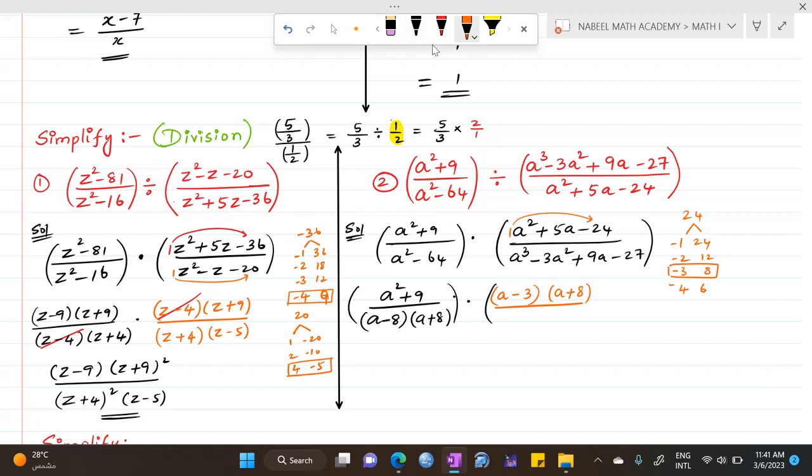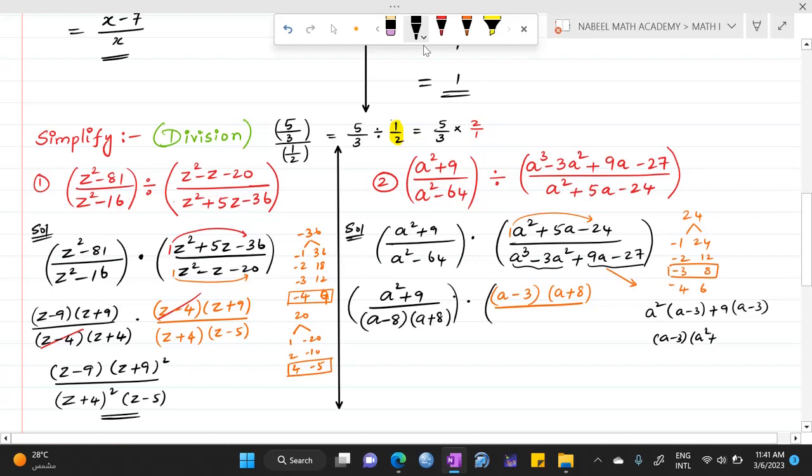What is common in these two terms? A square is common, and you will have a minus 3. And what is common in the other pair? Plus 9 is common. So you will get a minus 3 and a square plus 9. Therefore, you apply grouping: after grouping, a minus 3 is one term and a square plus 9 is another term.